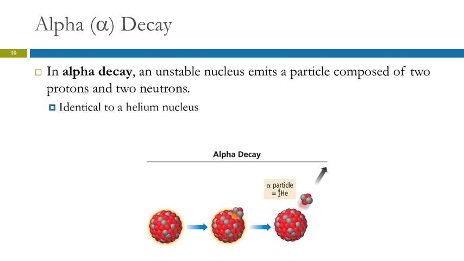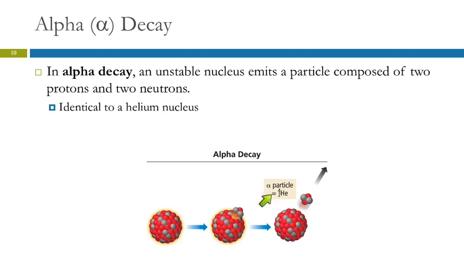Let's look at alpha decay. And you do need to know what these different types of decay are. So in alpha decay, the nucleus is emitting a particle that we call an alpha particle. And an alpha particle is a helium nucleus. So this is the symbol for an alpha particle.